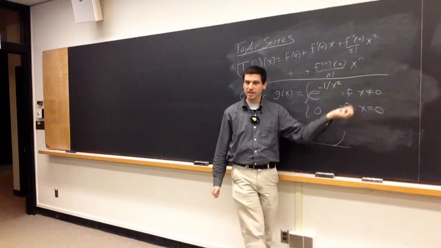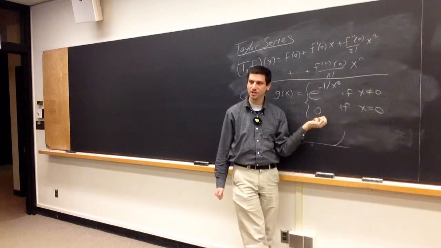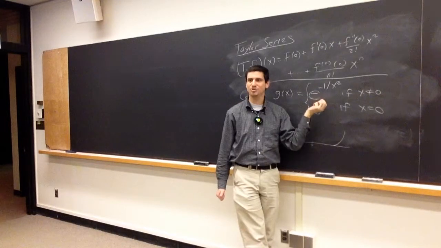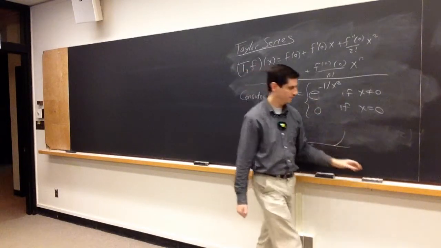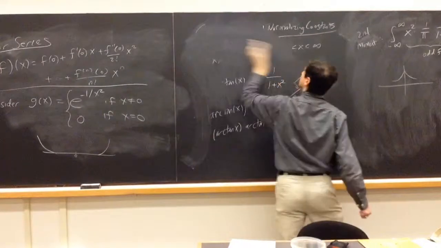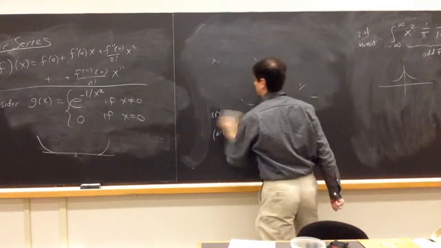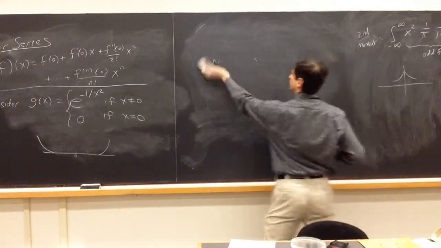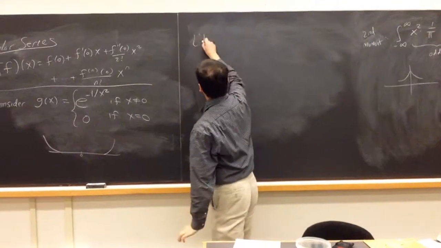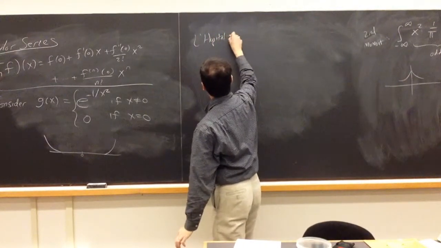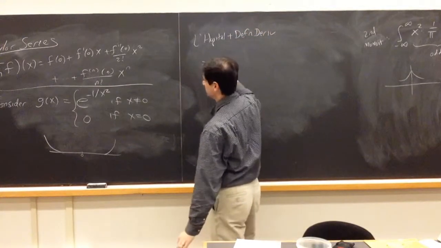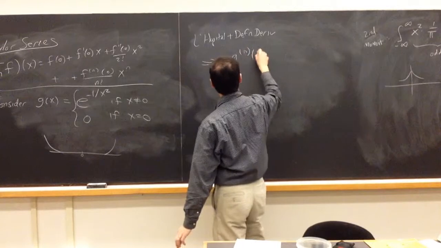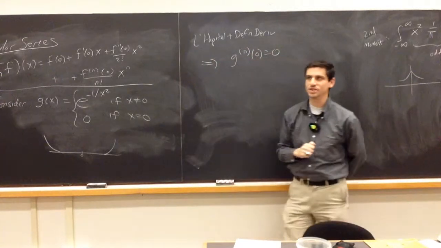It turns out, if you calculate all the derivatives of this function, every derivative of this function at the origin exists and is 0. The way you prove this is you use L'Hopital's rule and the definition of the derivative. L'Hopital plus definition of derivative implies that the nth derivative of g is always 0.